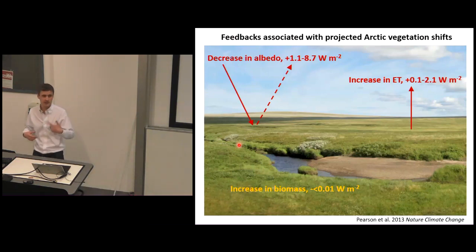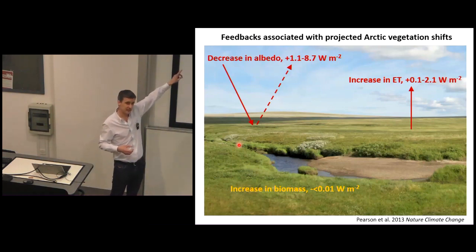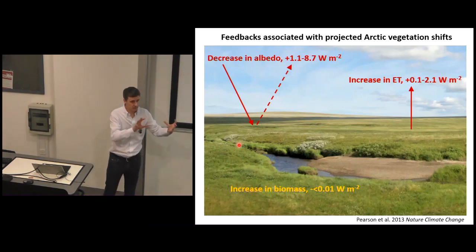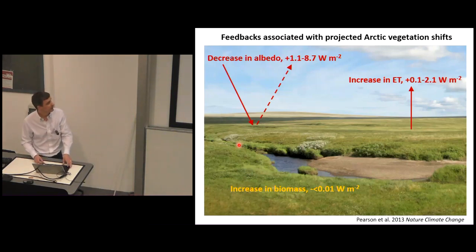So it's a positive feedback. And we were able to, with very, very broad uncertainty around it, get a ballpark estimate of what the radiative forcing in terms of watts per meter squared averaged across the Arctic would be.